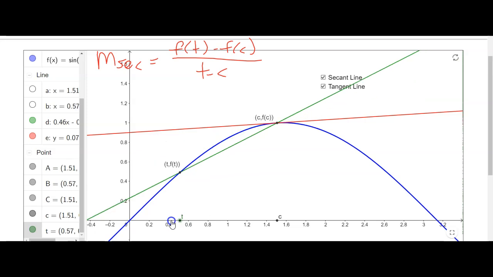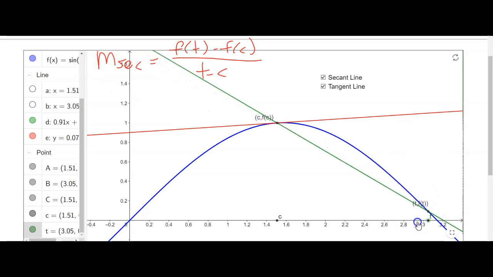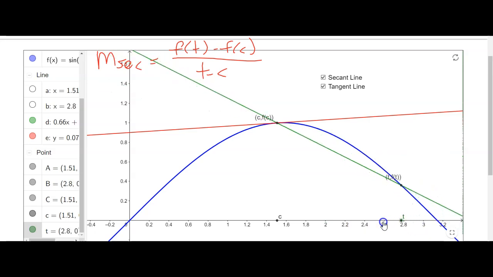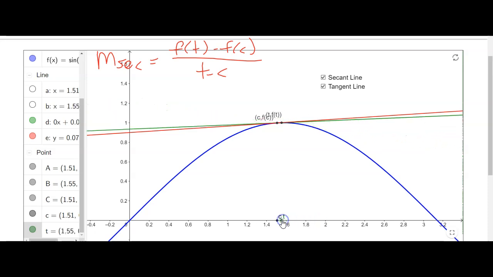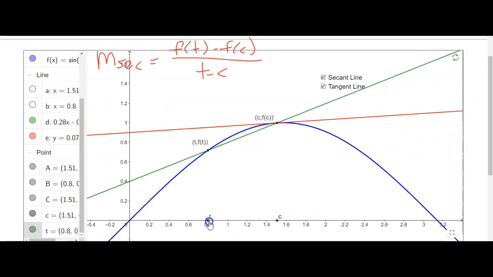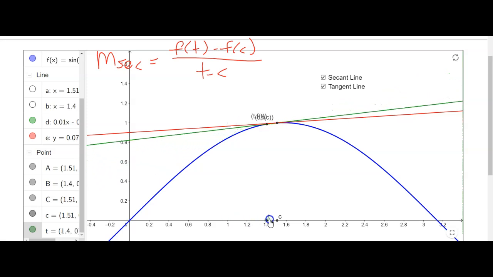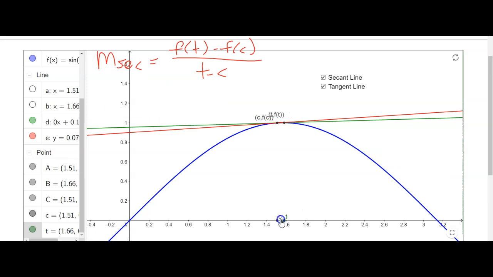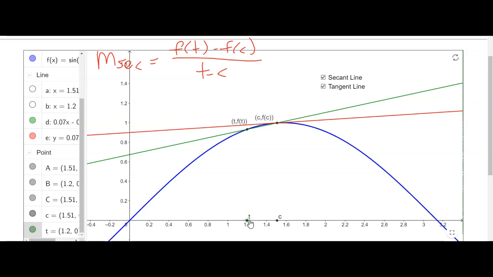And that's regardless whether I move it closer to c from the left, it approximates the tangent line, or whether I move it to c from the right. This is just showing the one-sided limits are going to be the same because the slopes approach the same number. They both approach the slope of the tangent line regardless from what side you come in. So we know that there's a slope for the tangent line. We can see it on our paper.